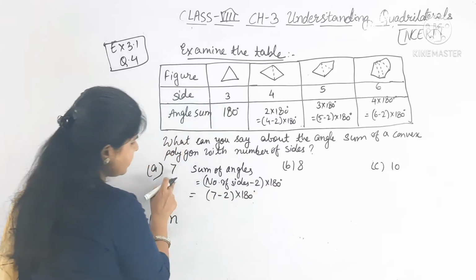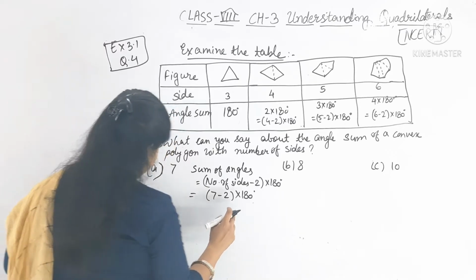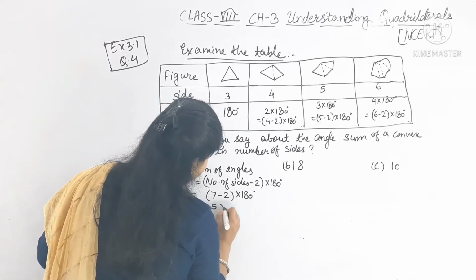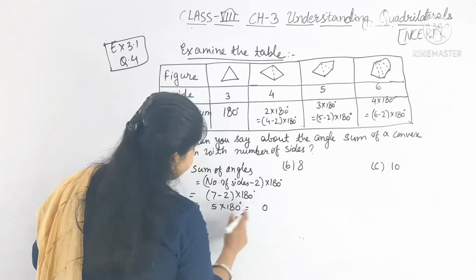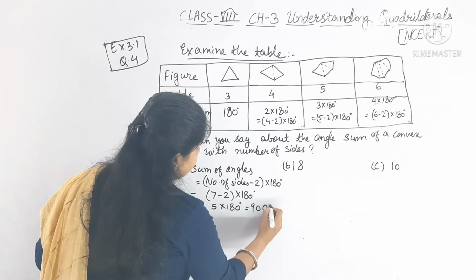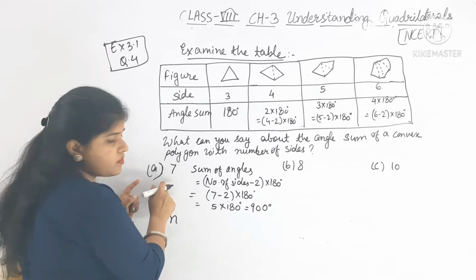Number of sides is 7 given. 7 minus 2 is 5. 5 into 180 degree: 5 zeros are 0, 5 eights are 40, 4 plus 5 ones are 5, so 900. Means 900 degree will be the sum of the angles of 7 sides.